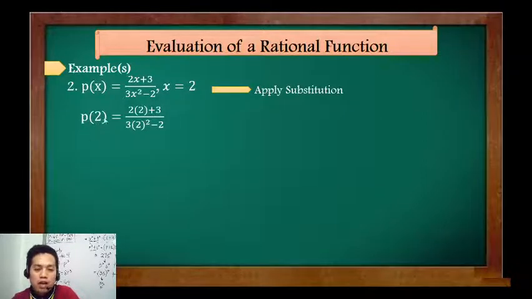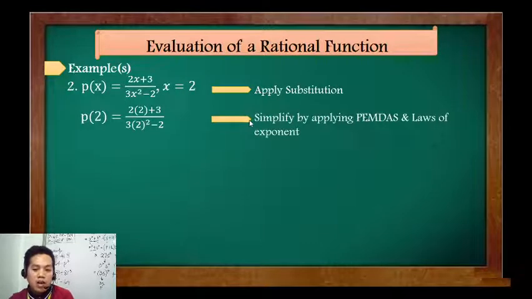So this will become p of 2 is equal to 2 times the value of our x, which is 2, plus 3 over 3 times 2 to the power of 2, where 2 is the value of our x, minus 2. Then after this one, we can simplify by applying the PEMDAS rule.